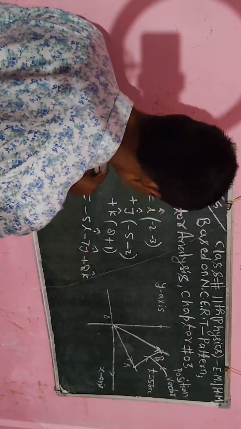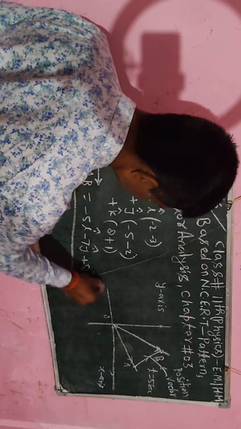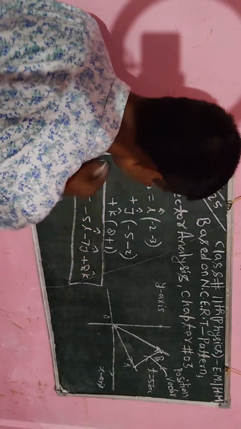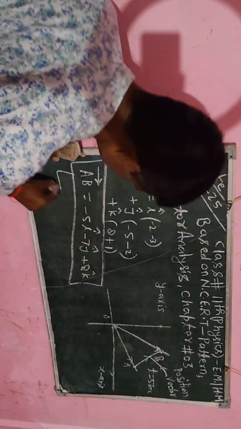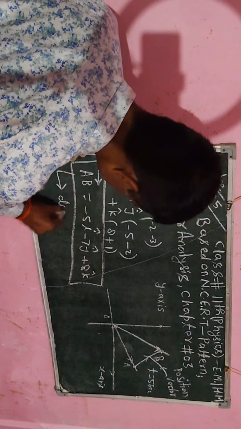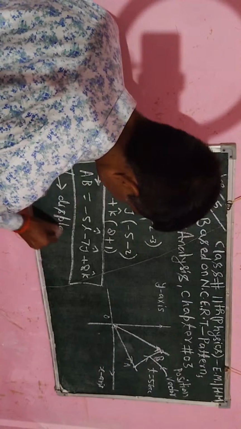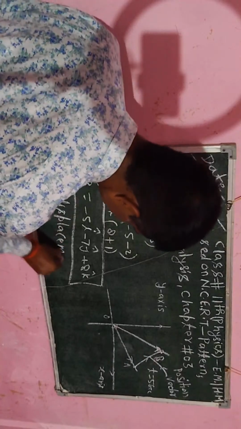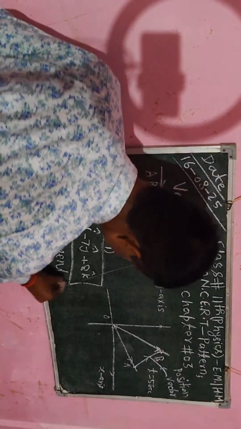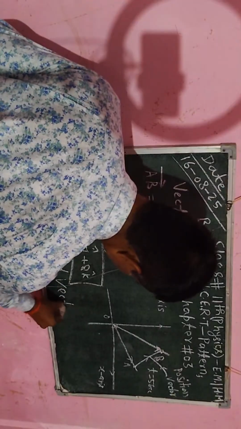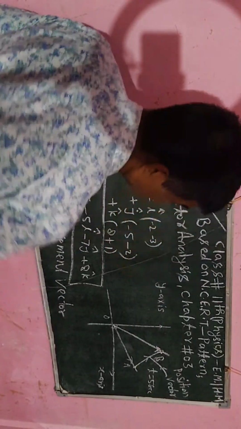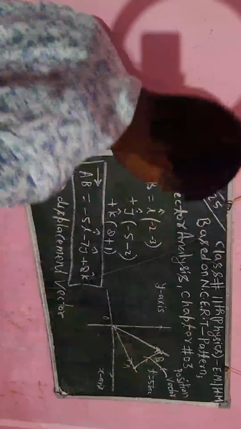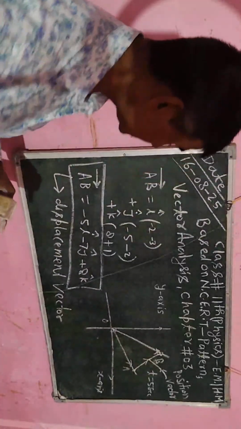This is the displacement vector. So I will write here clearly, this is the displacement vector from A to B. Okay, this is the displacement.